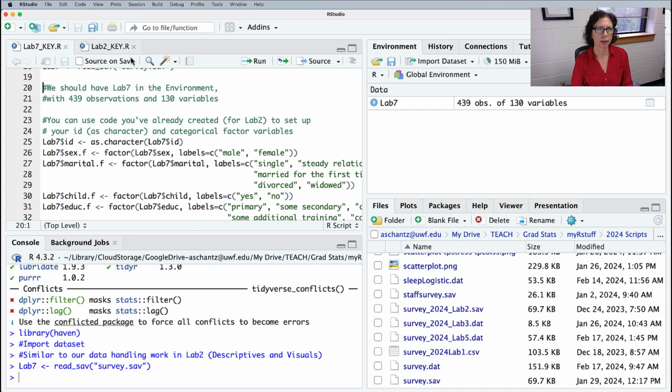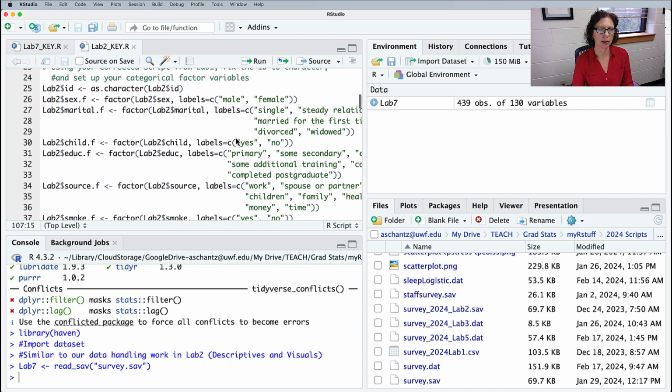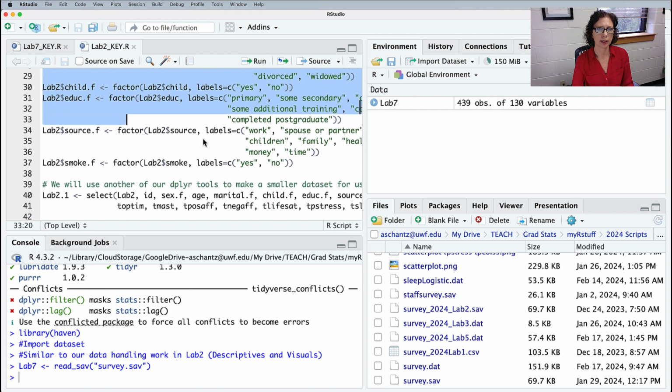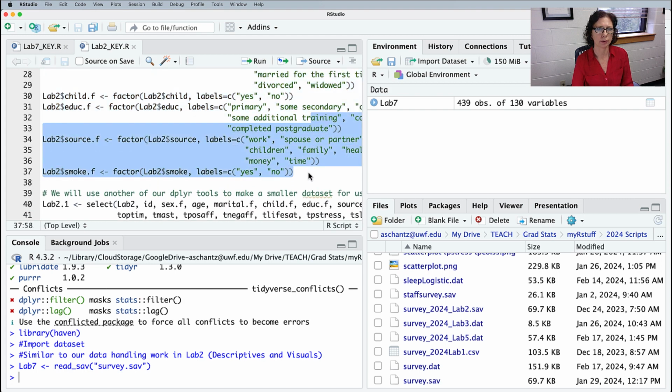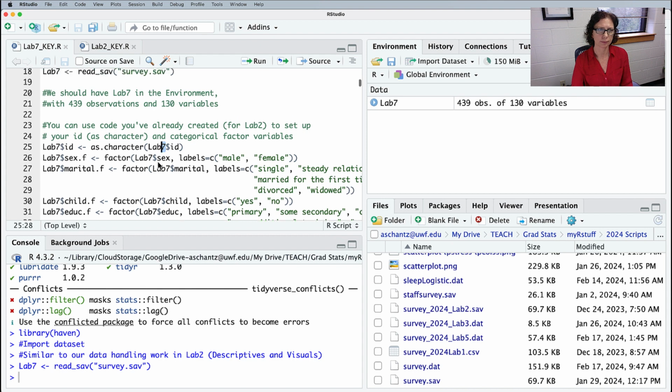For example, in Lab 2, we brought in a data set and we did all of these setting up factors, right? So we have it all ready to go. Just copy paste over to your Lab 7 and then make sure you change all the Lab 2s to Lab 7s.